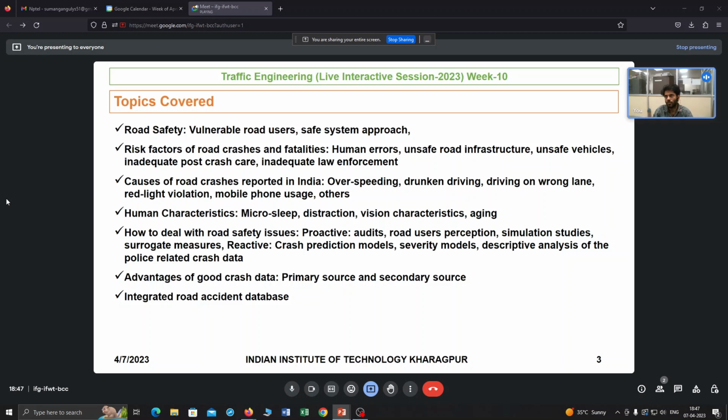In India, if you see, I think in 2018 or 19, India was ranked first in terms of road accidents. The number of road accidents was very high in India in 2018-19.